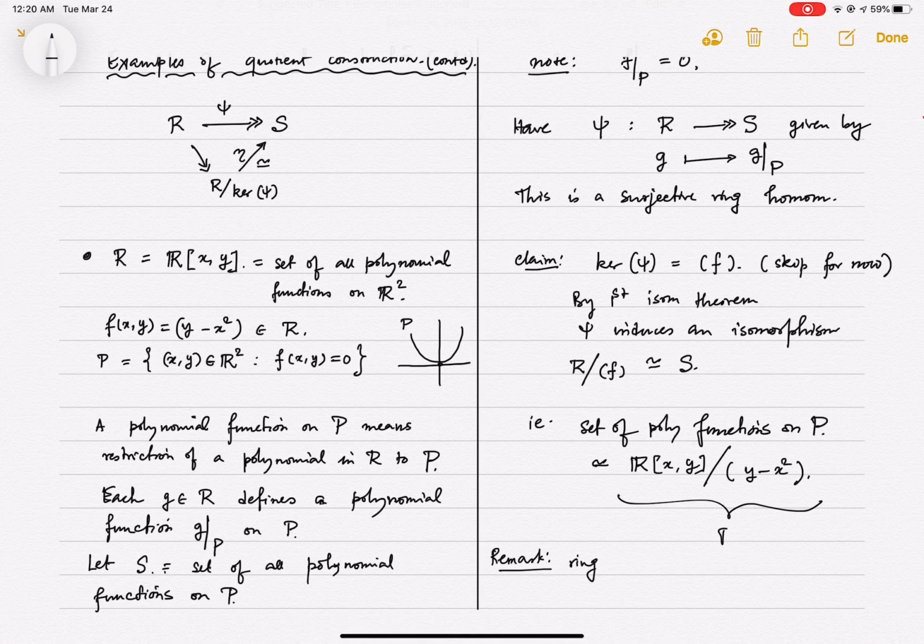Ring theoretic properties of this S reflect geometric properties of P. And this generalizes. So these quotients do naturally occur in geometry. They occur as sets of polynomial functions on curves and surfaces and things like that.